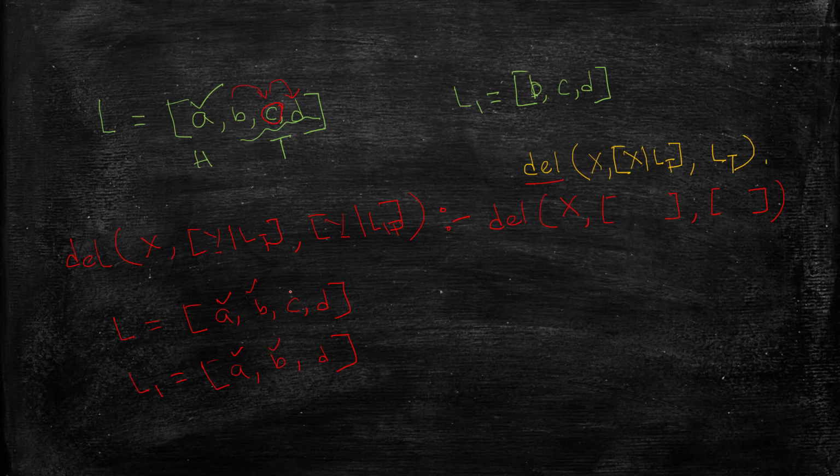Now when it comes to C, because L has C, when Prolog checks the C over here, I'm writing it in a very small way because ultimately it will be deleted. This will be taken care of by this particular clause.